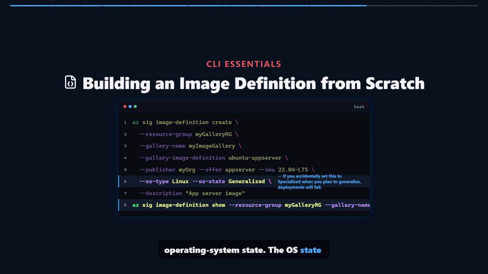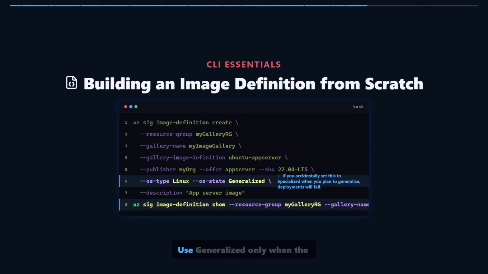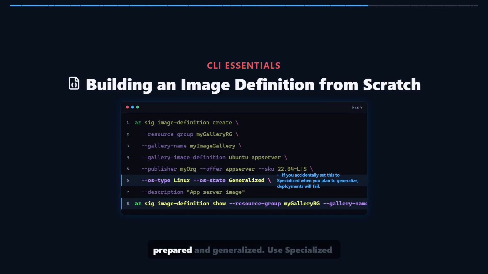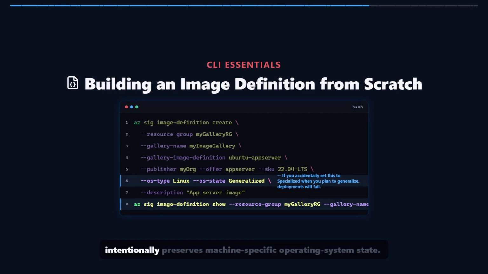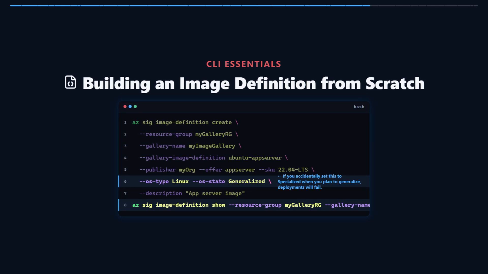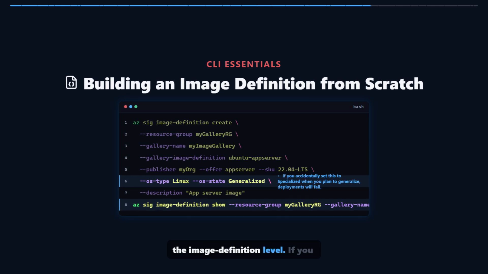The OS state must match the actual artifact. Use generalized only when the source image has been properly prepared and generalized. Use specialized only when the captured artifact intentionally preserves machine-specific operating system state. That property is defined at the image definition level.